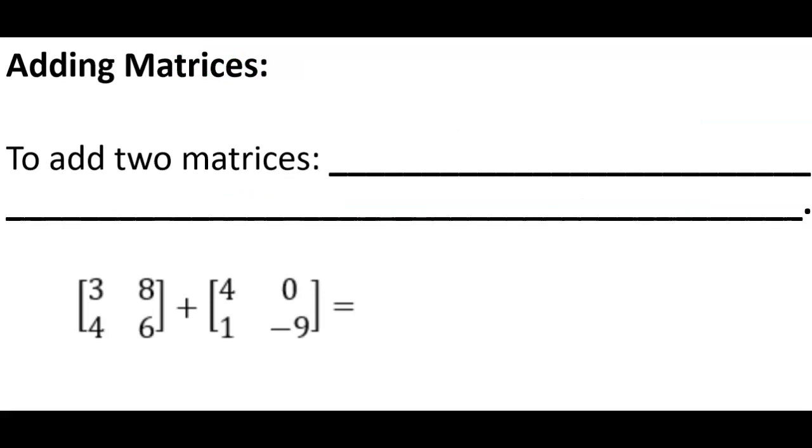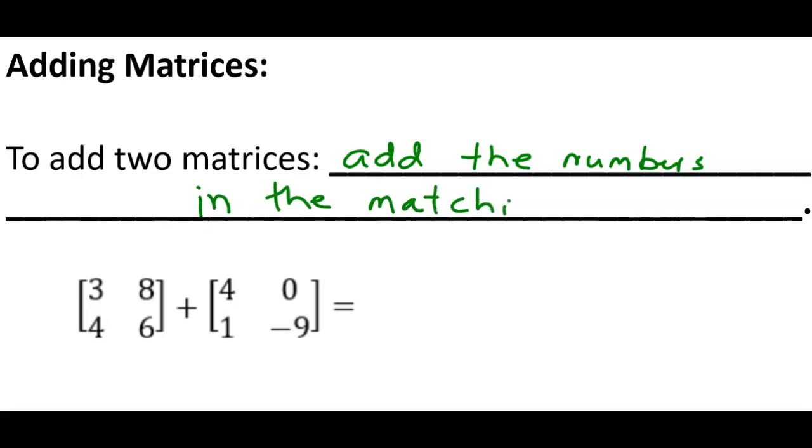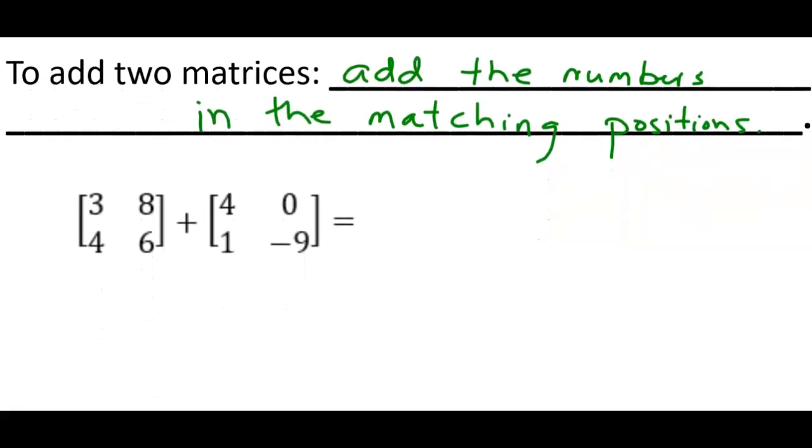So, when I add 2 matrices, I'm going to add the numbers in the matching positions. So what do I mean by that?